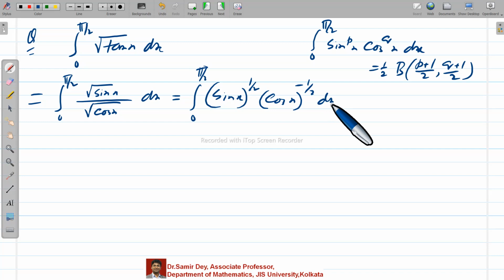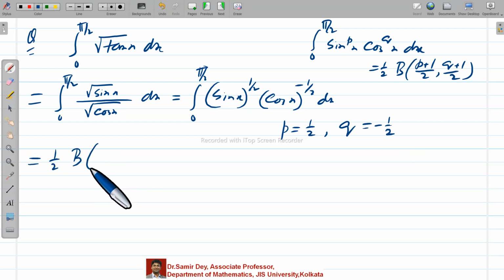Now if we compare, what is the value of p here? p is equal to 1 by 2. What is q? q is equal to minus 1 by 2. Now you write down the formula, 1 by 2 beta of (p plus 1) by 2, (q plus 1) by 2. Already you know p and q, substitute here.